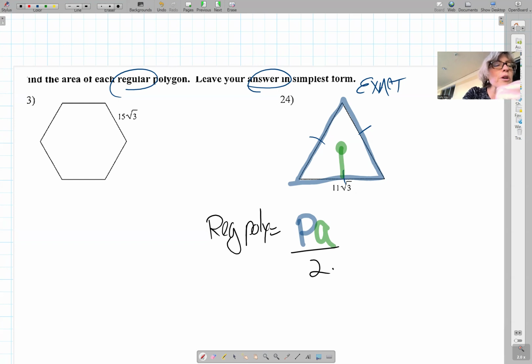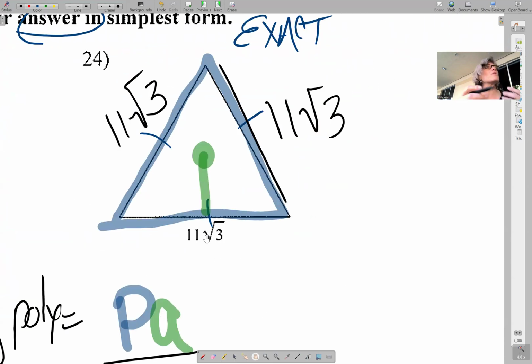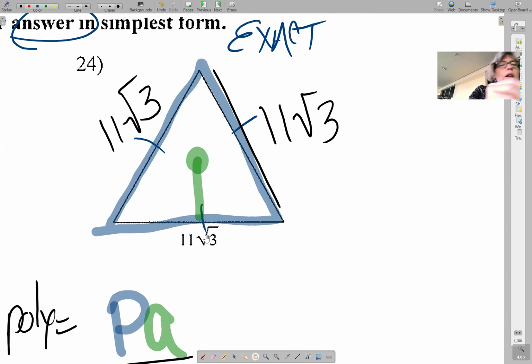And so the problem here is you only have the side lengths. So you're like, how do I manage that? Take a look here. Obviously, we need to ask ourselves, what do we know? If all 3 sides are equal, all 3 angles are equal, which makes them 60, 60, 60.